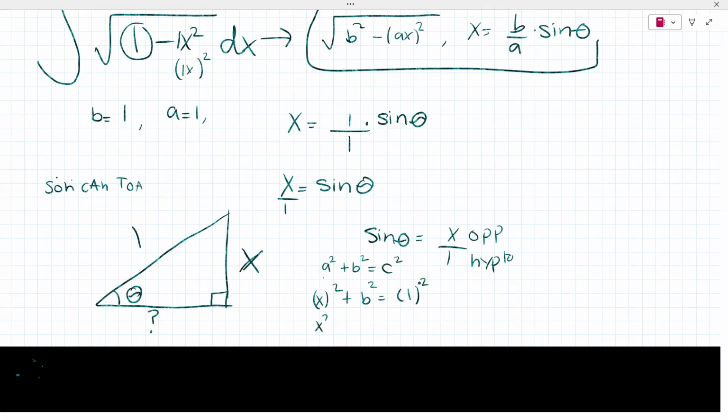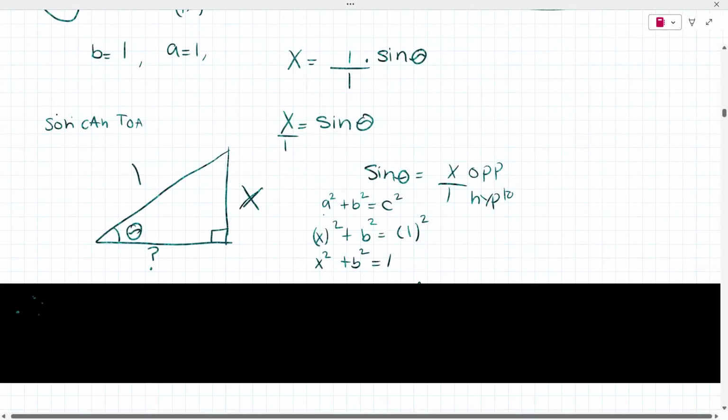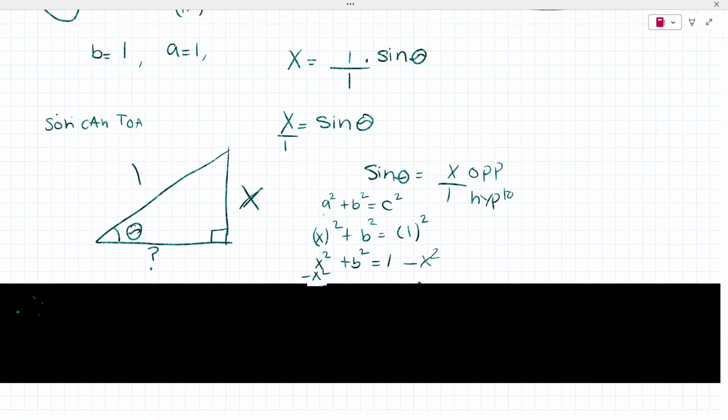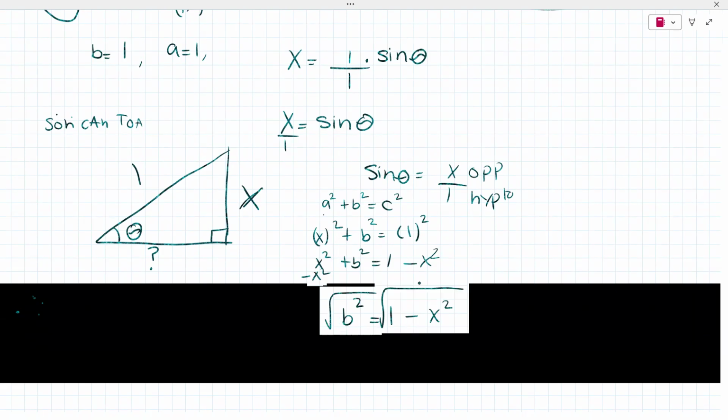So it's x squared plus b squared equals 1. Then go ahead and solve for your b. You're going to subtract x squared. You get b squared equals 1 minus x squared. Solve for small b by taking the square root of both sides. So b is the square root of 1 minus x squared.